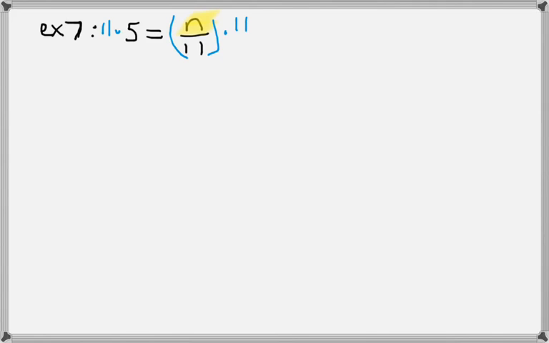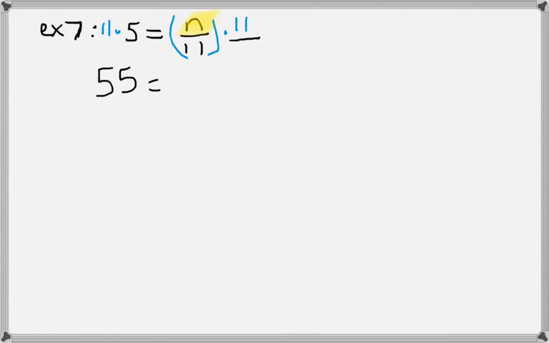On the left, we have 11 times 5, which is 55. Then over here on the right, we have n divided by 11 times 11. So we have a fraction times not a fraction.